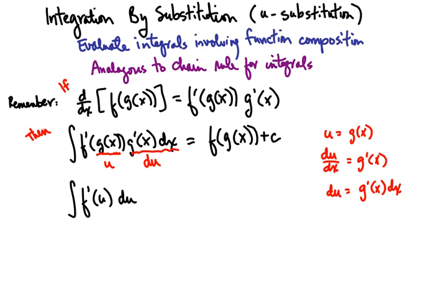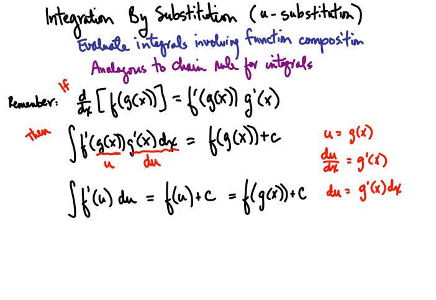And so we're looking for the antiderivative of f prime of u. We're looking for the function whose derivative is f prime, and that should just be f of u, not to be mistaken with a vulgar word, plus c. So it almost looks vulgar there, f of u plus c. Then we swap back out the u, which is equal to g of x.